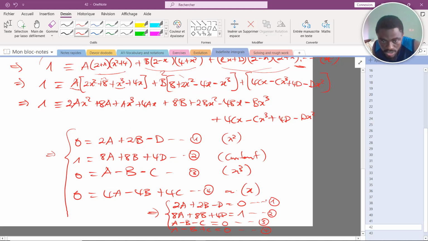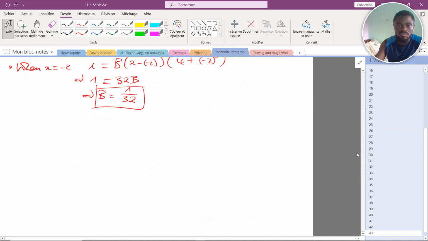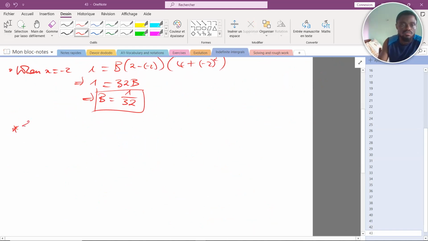If you look at equation 3, from equation 3 we have a minus b minus c equals 0. So we shall use equation 3. From equation 3, we have a minus b minus c equals 0.